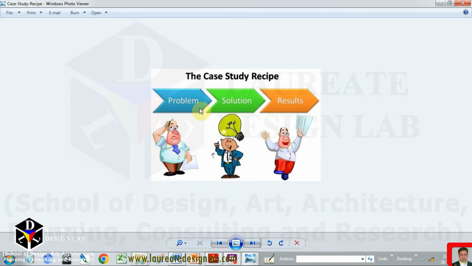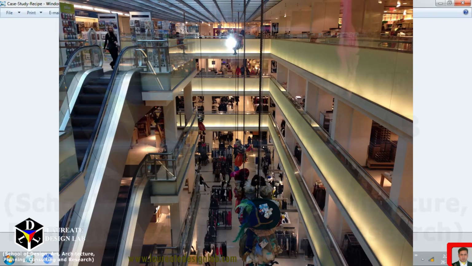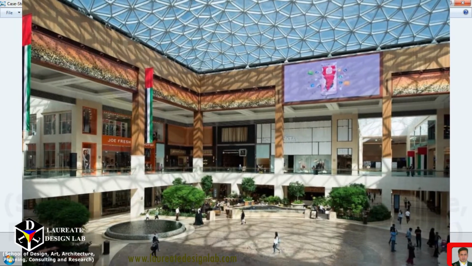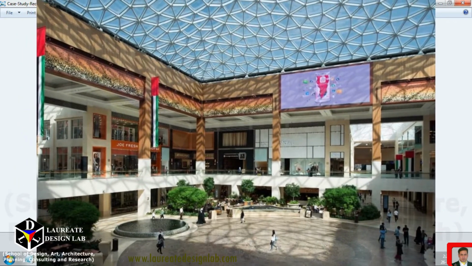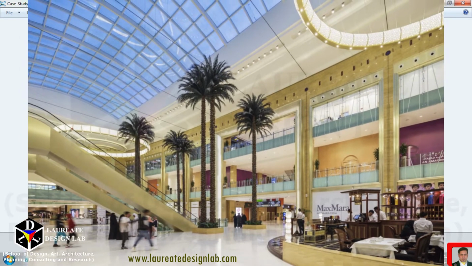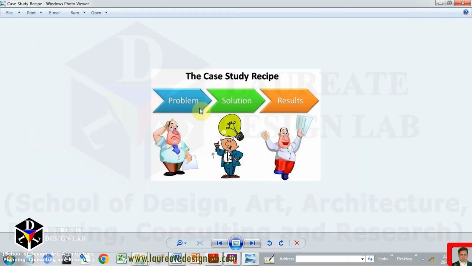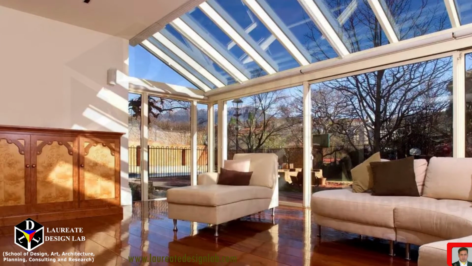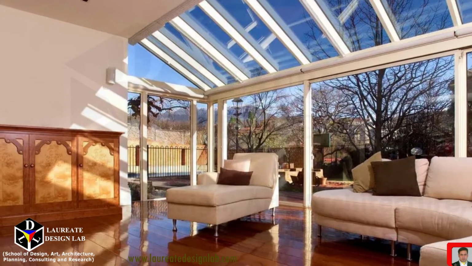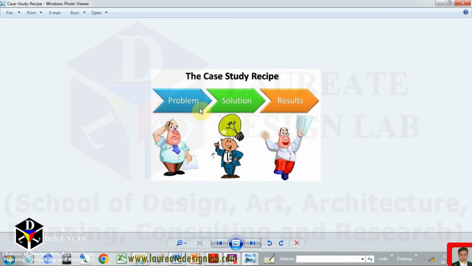When it comes to interiors, we have seen that this space looked very compact. Then again, the solution could be a skylight, because natural light gives the space a feel of spaciousness. Though we have the physical limitation, light can give the solution. Likewise, you can talk about the solutions and finally the results.